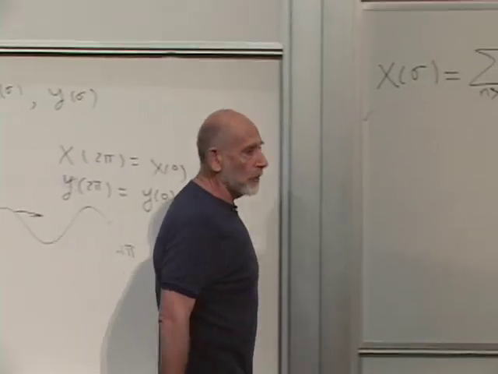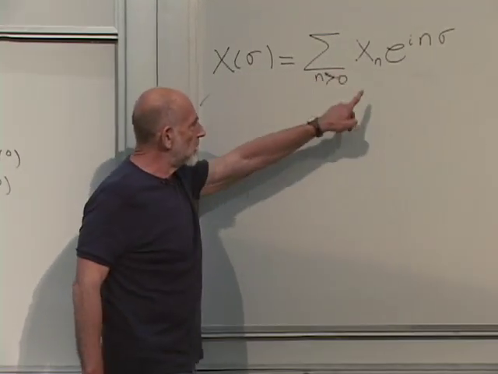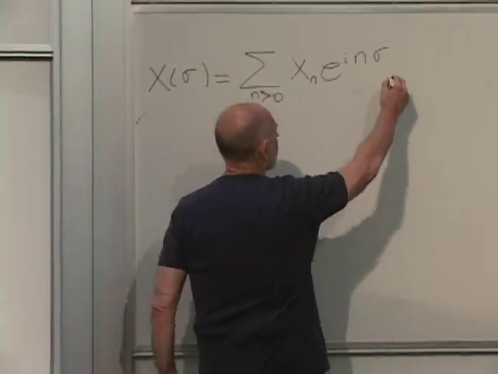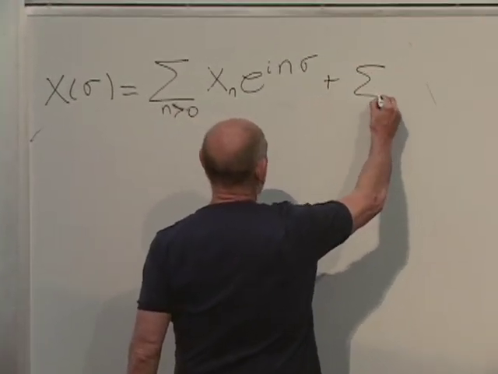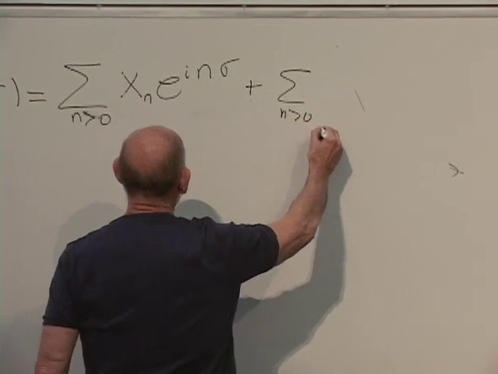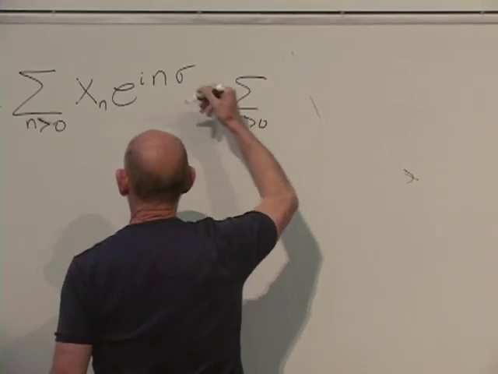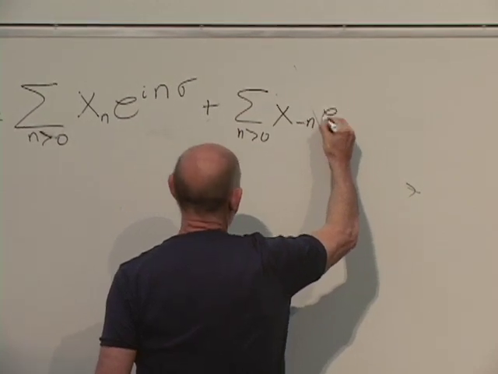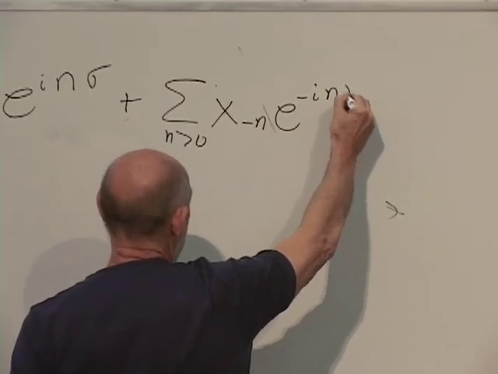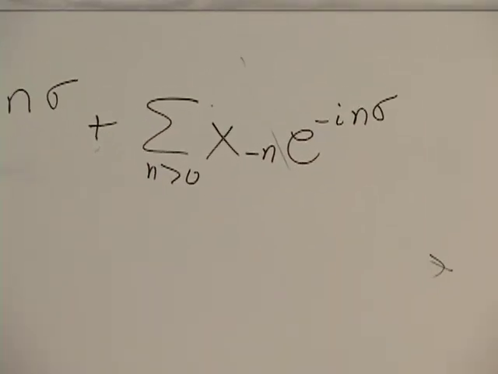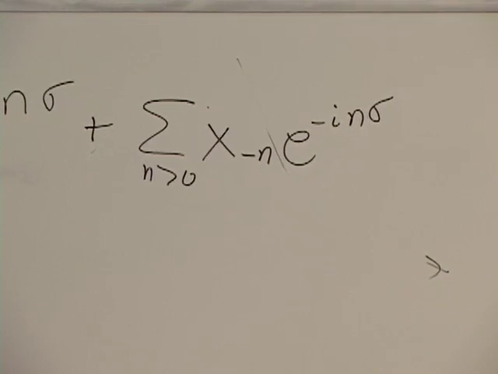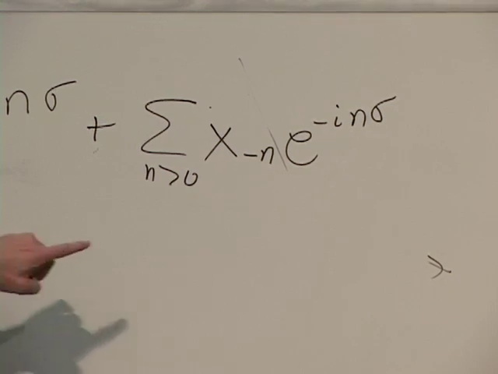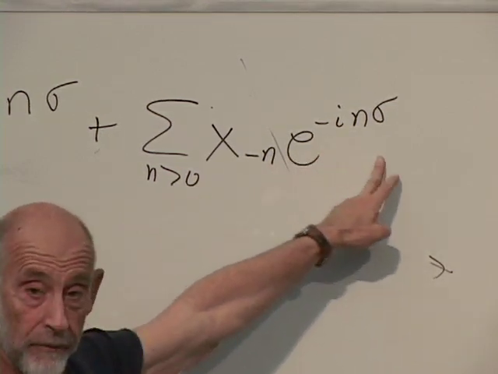Now I want to write the left-moving waves, which I could write the same way, except let n be negative, or I could write it as a sum of n greater than 0, but let's call it x_minus n e to the minus i n sigma. e to the i n sigma with positive n here corresponds to right-moving waves, and with negative n that corresponds to left-moving waves.